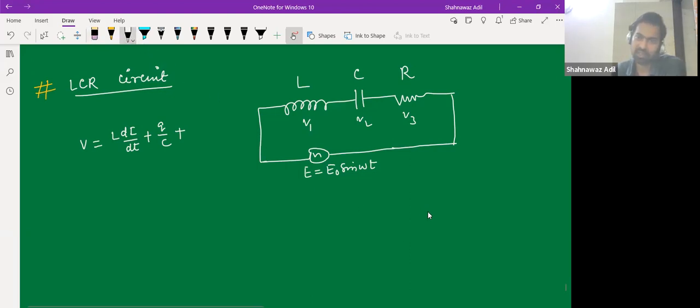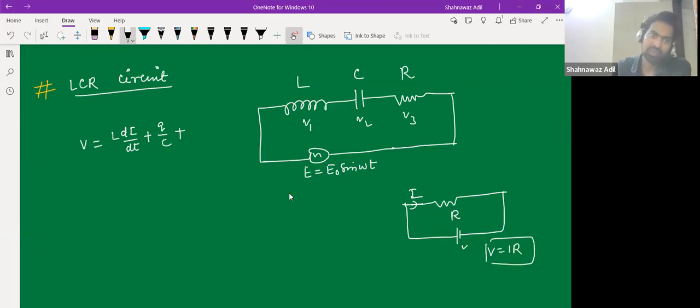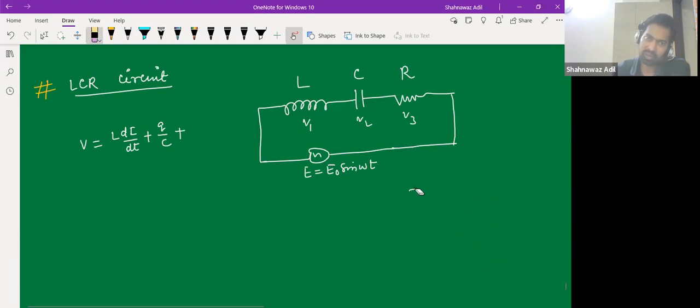If I give you this resistance R, and let's say some current is flowing in this circuit, what would be the voltage? V would be IR, current times resistance, right? So this V is IR.